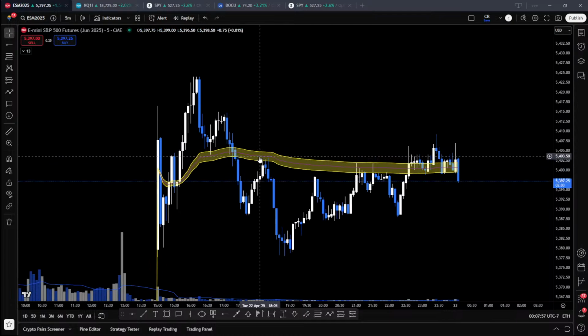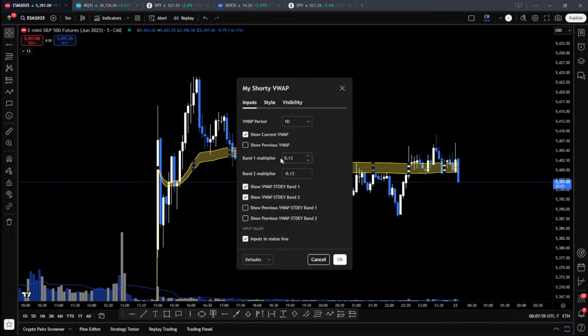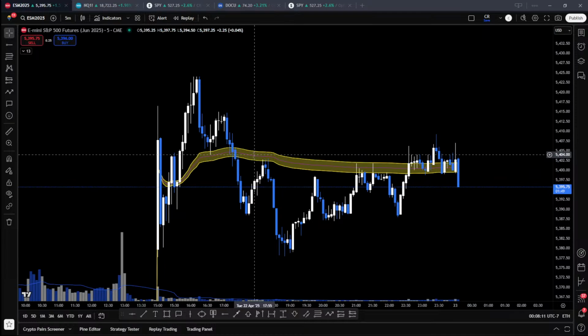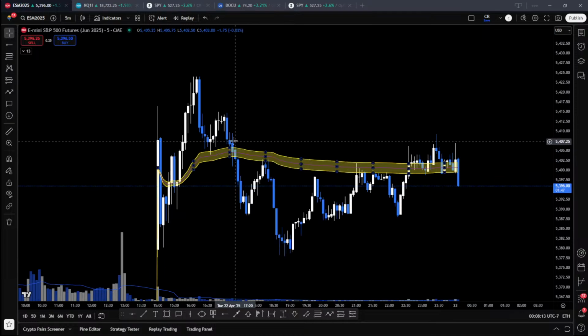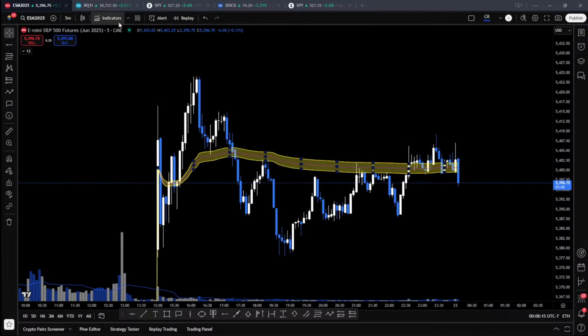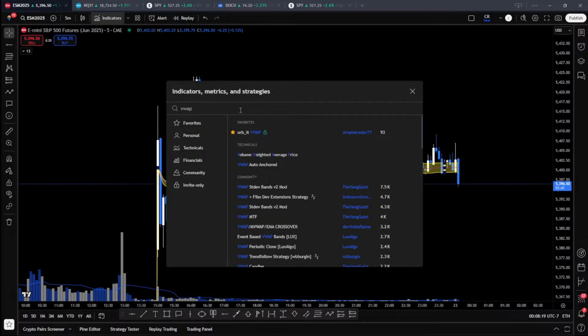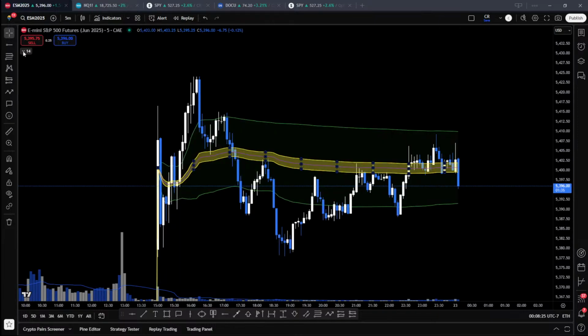And then this is just a VWAP band. You see the band multiplier is 0.13, and then my second is negative 0.13. You guys wouldn't have that option because this is a custom VWAP. But if you go to the regular VWAP, you just go to indicators, type in VWAP, you would find this one, volume weighted average price, add that to your chart.